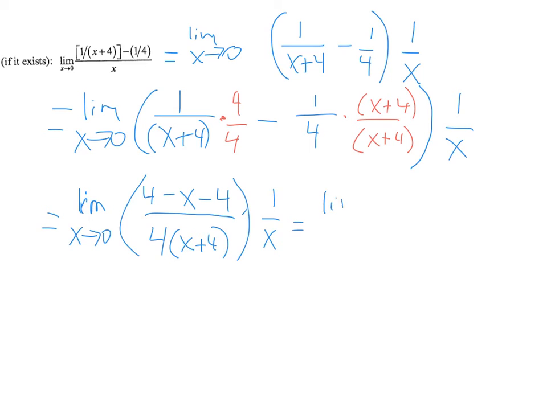So this whole idea will simplify to the limit as x approaches 0 of, now instead of 4 minus x minus 4, we just have a negative x, okay, over 4 times x plus 4. And then that's going to be multiplied by another fraction. I'm just going to kind of drop the large parentheses we've been using for a while.